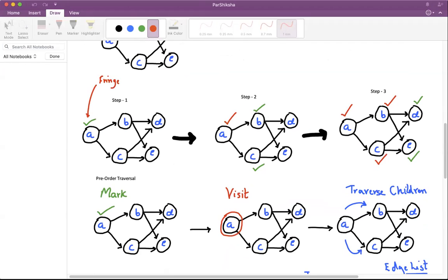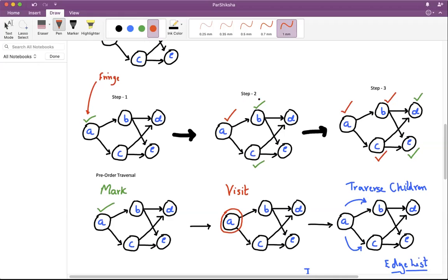So you start with A and you mark A as already being seen. The green mark basically says that A has been seen, and I'll now jump to the next set of children. In step 2, you can see that A has already been seen, and now we have gone to B and C and marked both of them together.